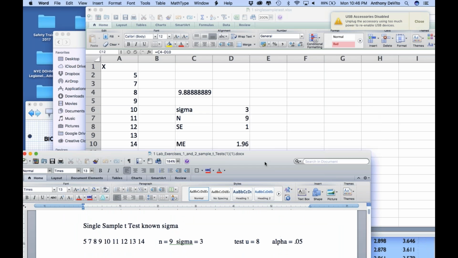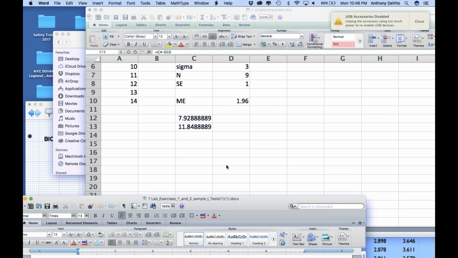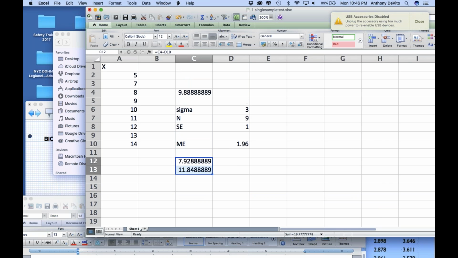Now, this is called a single sample t-test, because another way I can use this is to say to myself, my sample mean, my x bar, is equal to 9.88. The known value I'm comparing it to is equal to 8.